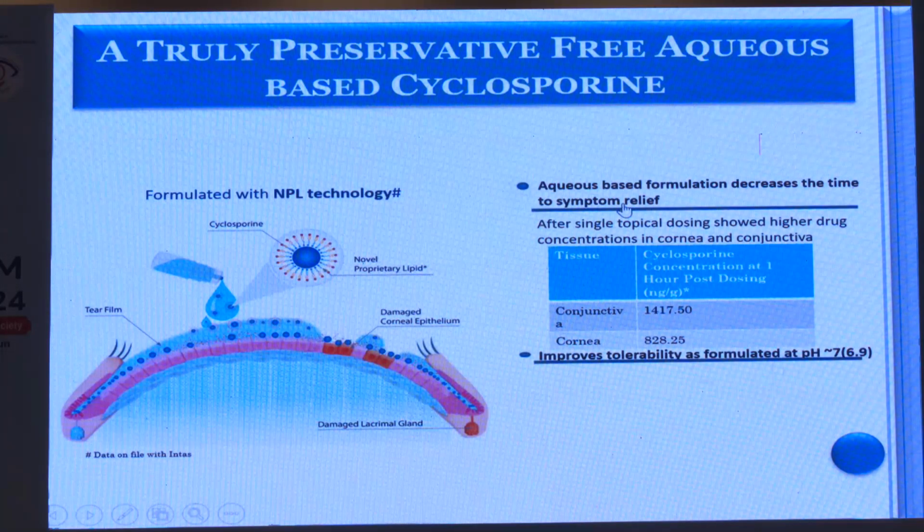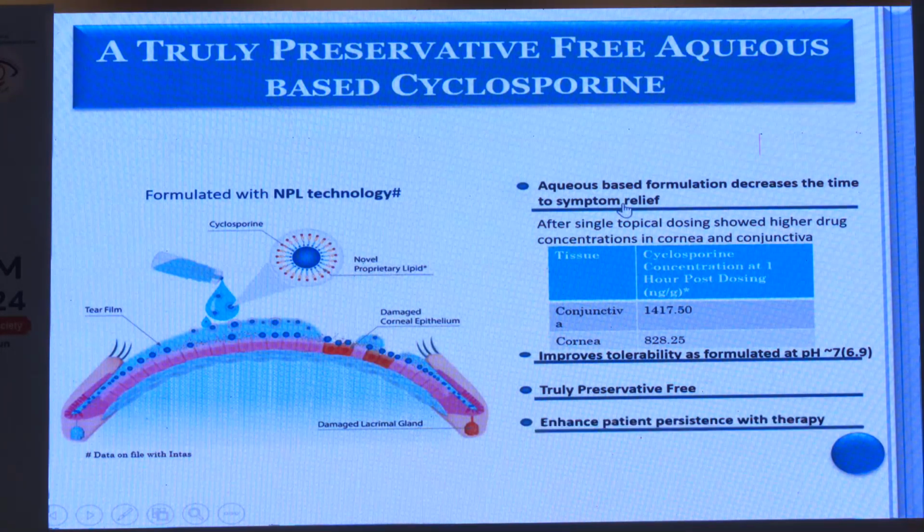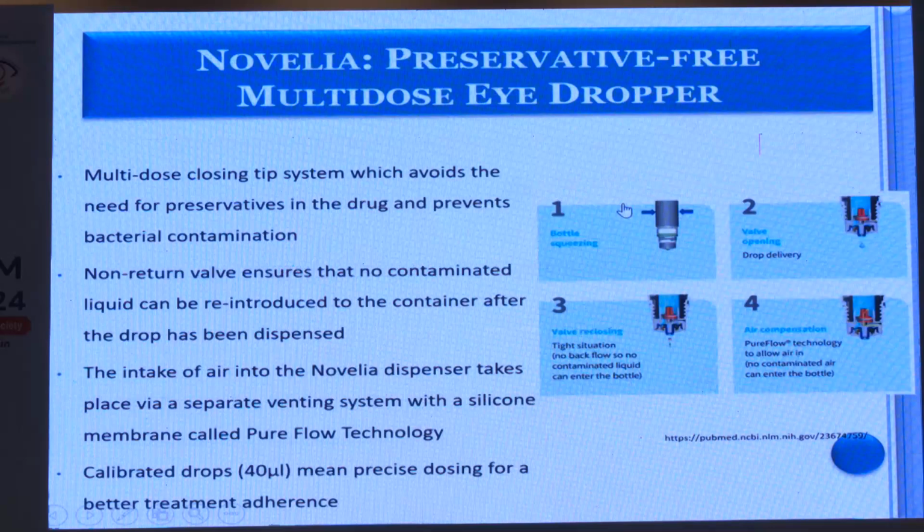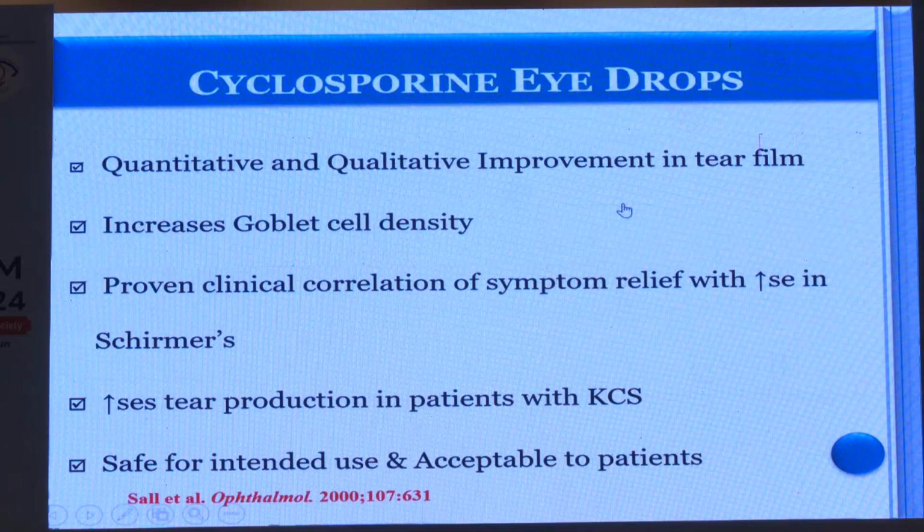And this has a pH of 6.9 or 7. Because of the aqueous preparation and because the pH is the same as tear film, the irritation in the eye is not there, and it is specially packed in a Novelia bottle, so the contamination risk is also not there.